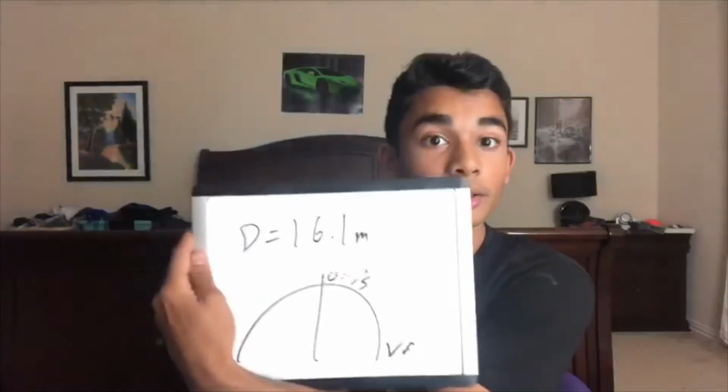It's a lot of decimals. But using sig figs, we could round it to 3, so it would be 16.1 meters. And that would be our distance.